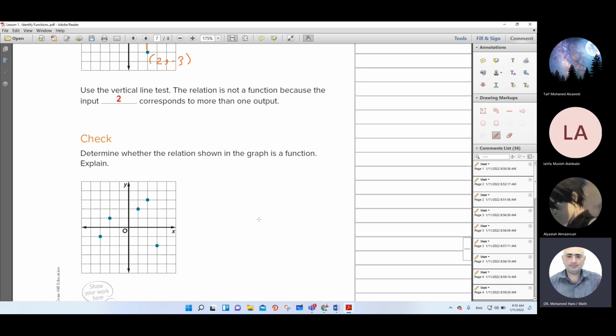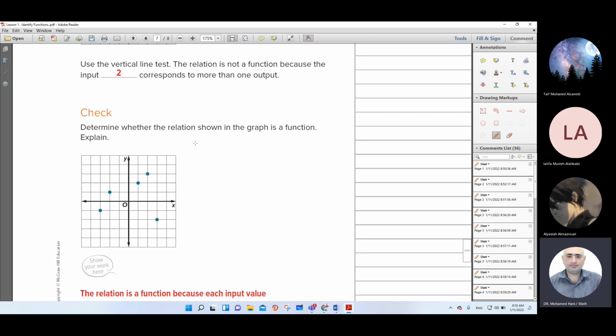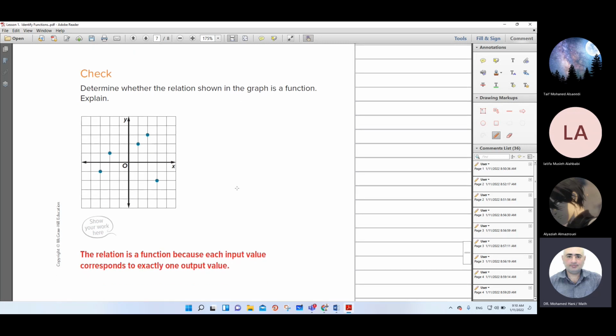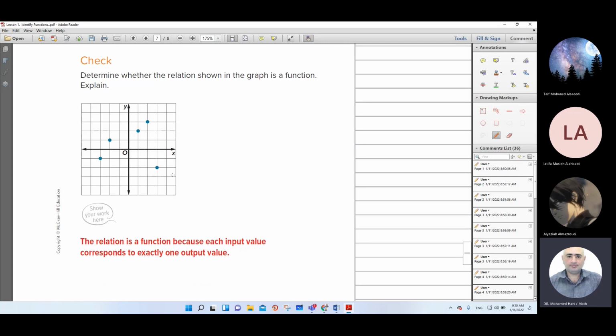And in this example here, determine whether the relation shown in the graph is a function or not. So at first, try to find the location of each point. So as you see here, negative 3 in x and negative 1 in y.